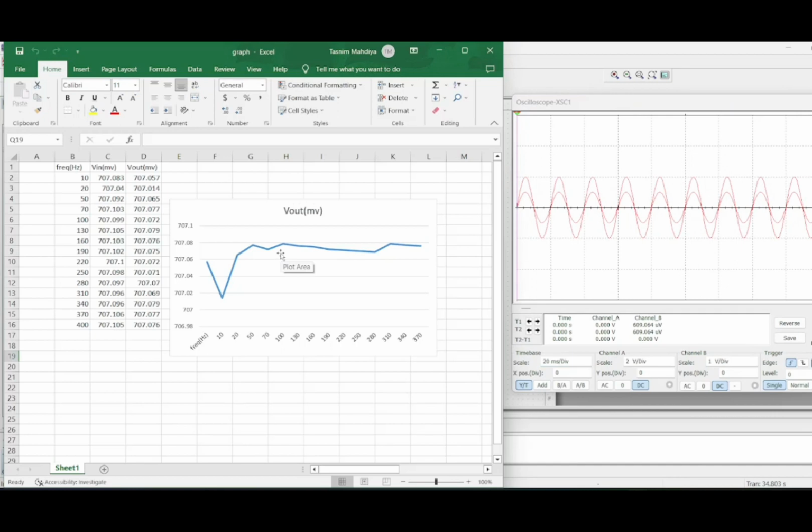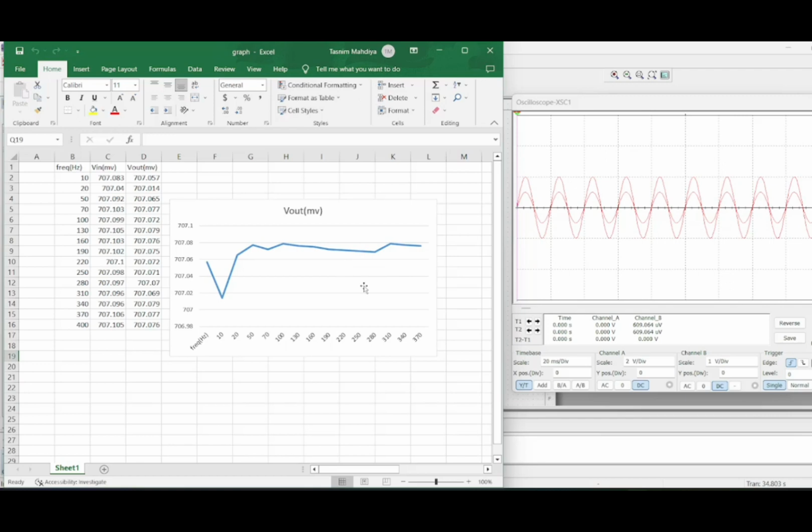The Multisim waveform demonstrates that the low frequency component, 50 Hz, of the input signal passed through the filter with minimal attenuation, indicating that the filter allows low frequency signals to pass. The Excel graph displaying the output voltage for different frequencies confirms the behavior of a low-pass filter: as the frequency increases beyond 50 Hz, the output voltage gradually decreases, indicating attenuation of higher frequency components.